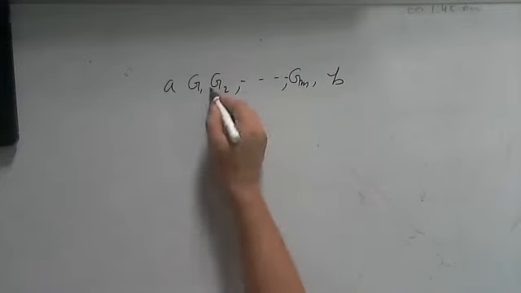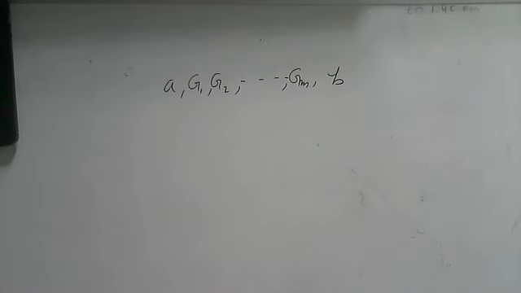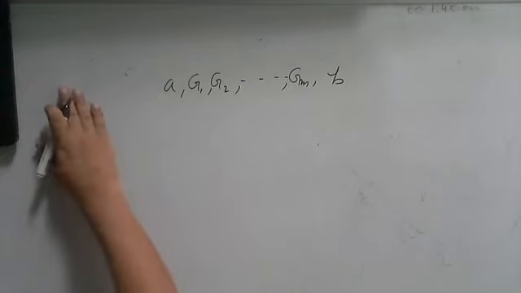The question is to insert m numbers in between A and B so that the result will be a GP. Whenever we need to insert a few numbers in between two numbers and the result makes a GP, it is said to be geometric mean. Let us first start with geometric mean between two numbers.